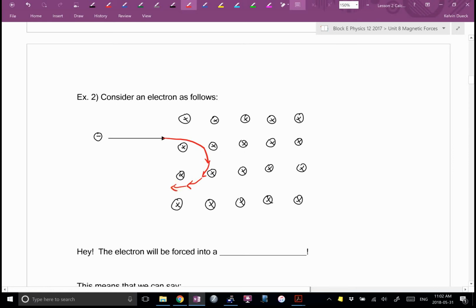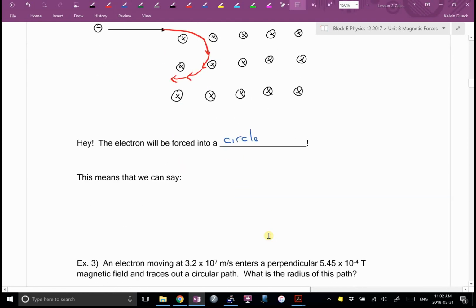Hey! What shape do you see? This electron will be forced into a circle. This means, are you ready? This means we can say, magnetism is pushing me in a circle.